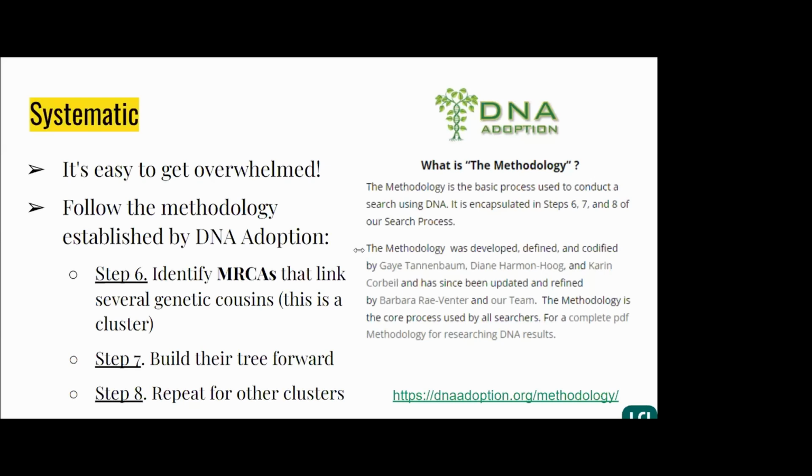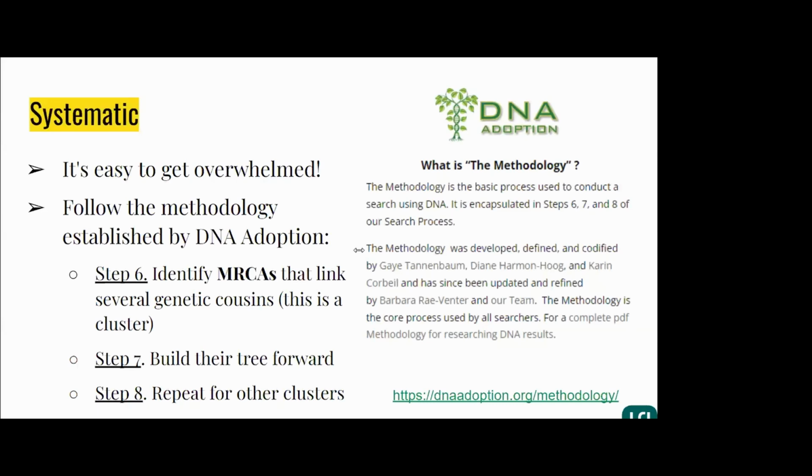Step 7 is, again, something we looked at as a foundation. Once we've identified most recent common ancestors, we build their trees forward in time by finding, recording, and putting onto a family tree the descendants of those most recent common ancestors.